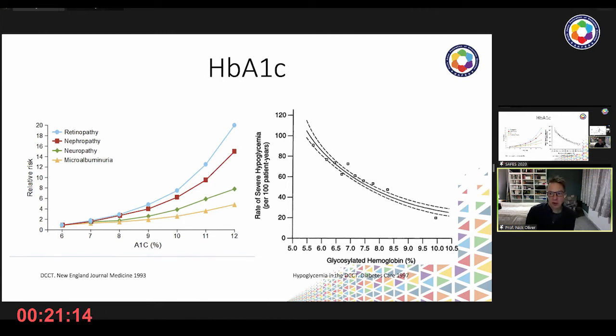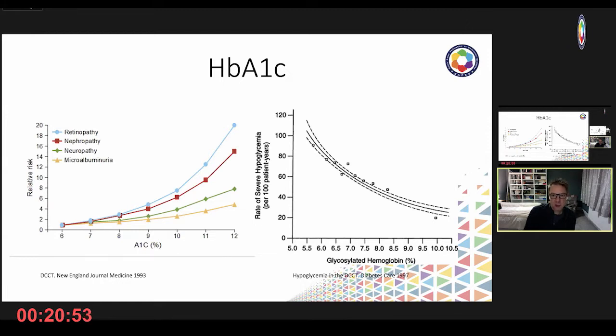And on the right, we have the relative risk of severe hypoglycemia, again against HbA1c on the x-axis. And as you all know very well, the higher the HbA1c, the higher the risk of microvascular complications. But as we intensify HbA1c, the higher the risk of severe hypoglycemia.